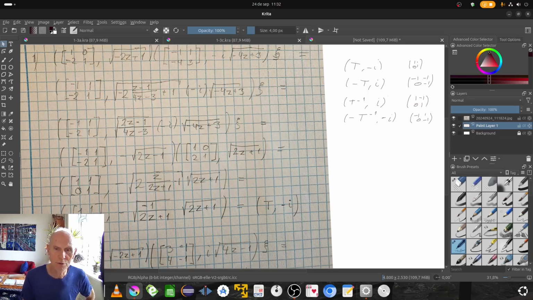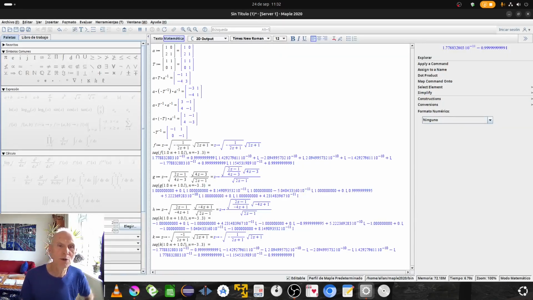But not to accumulate insecurities, I let Mabel do all the reductions here numerically, because I could of course make assumptions and hope it could do it right, but I'd rather do it numerically. And also the matrices, just to make sure, I did that numerically.